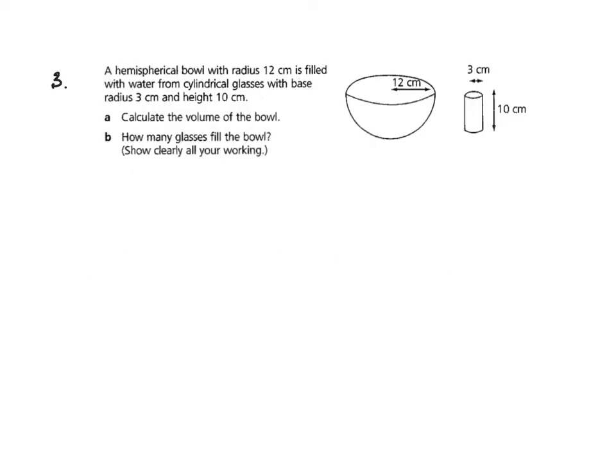Question 3 is a volume question. Now, we want to work out the volume of the bowl. So the volume of a sphere is 4 over 3 pi r cubed. That's 12 cubed.